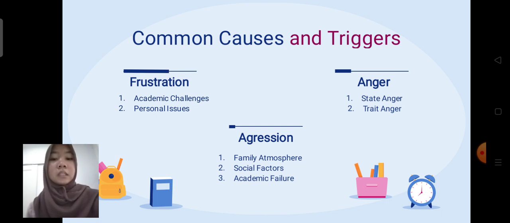For example, teacher and peer relationships, media influence, social settings, and school atmosphere can encourage anger thoughts and behavior in students. The last, academic failure. Academic letdown or lack of academic competence can amplify feelings of negative response or non-acceptance, leading to angry thoughts and emotions.